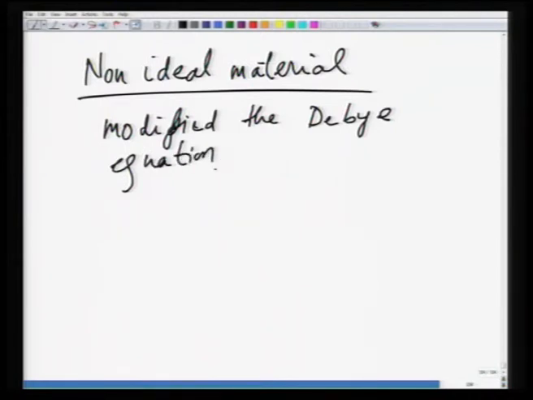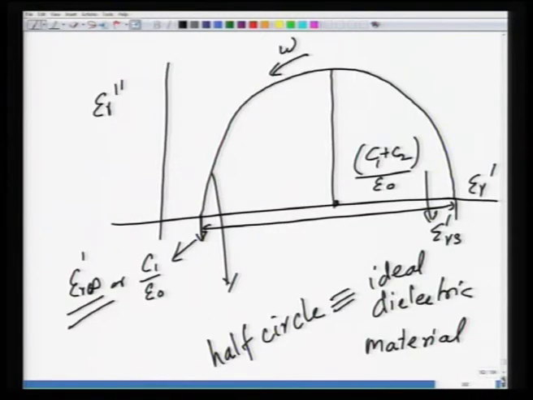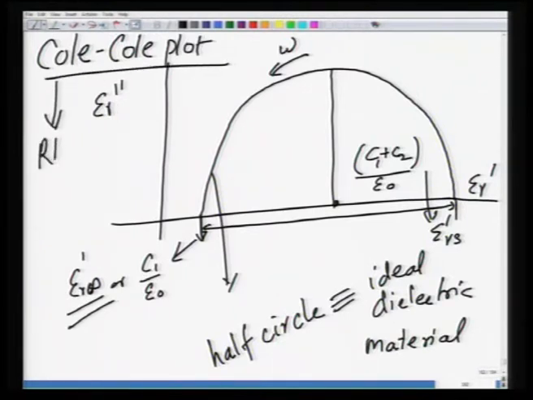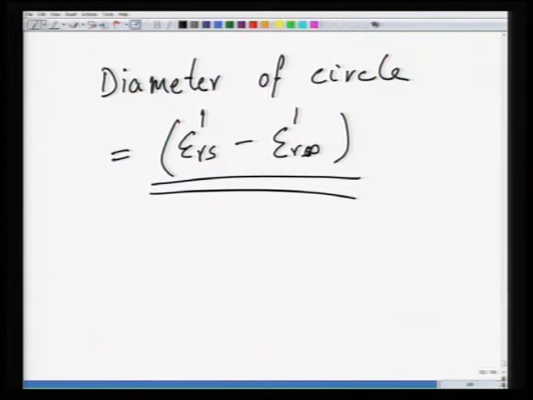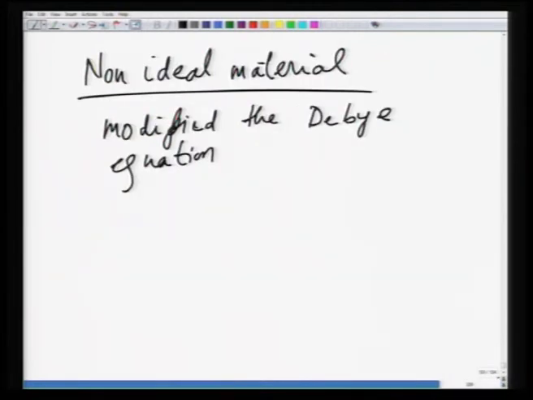By the way, let us just go to the previous page, and this is called the Cole plot, and it goes after R. H. Cole and K. S. Cole, 1941. There are papers online which you can go through. So, they modified this equation.